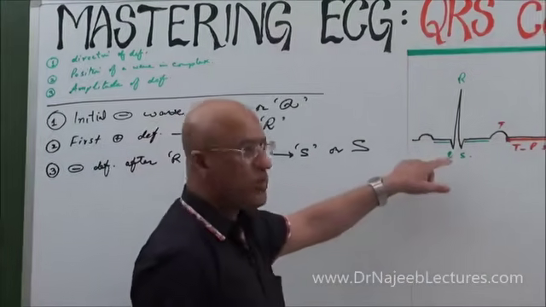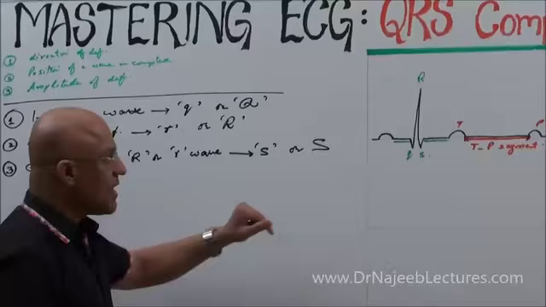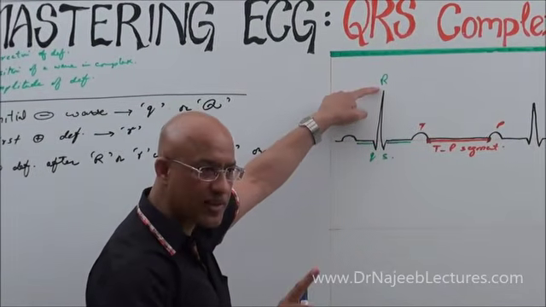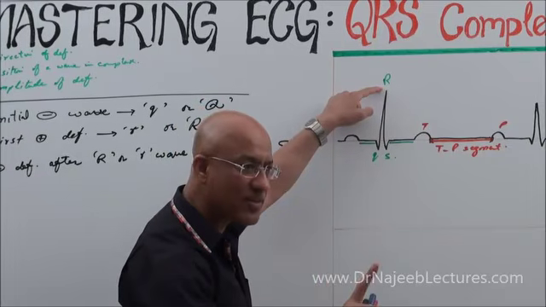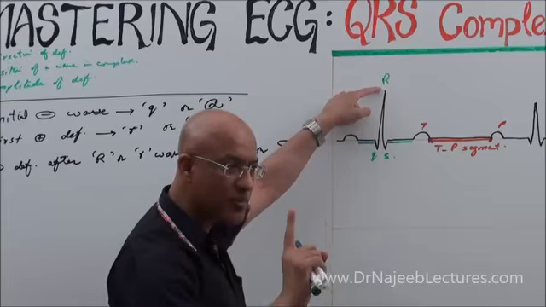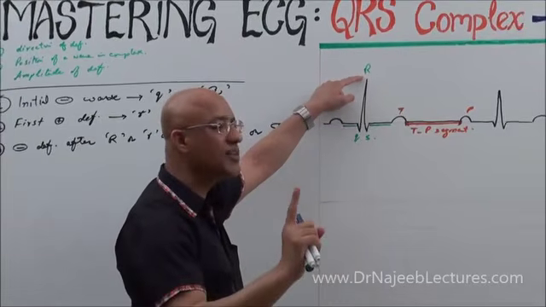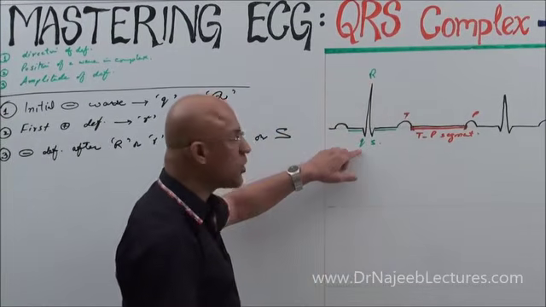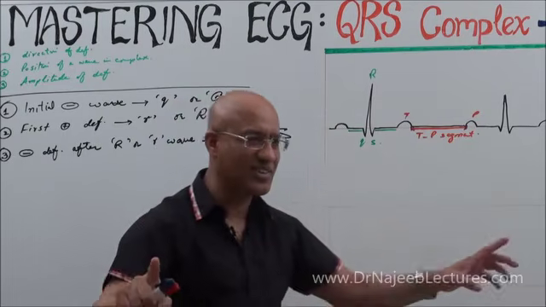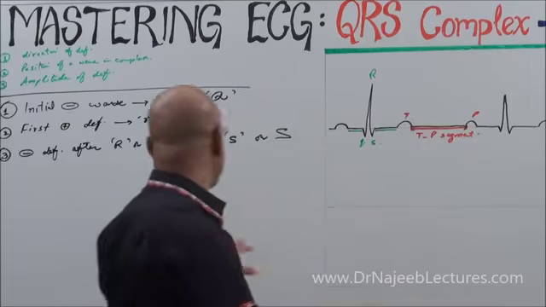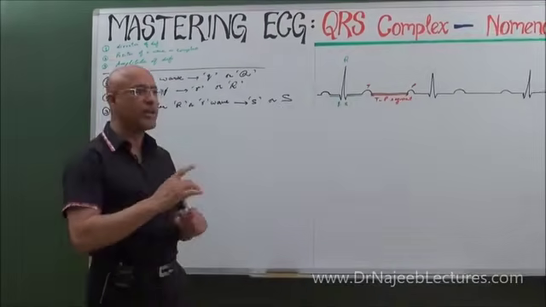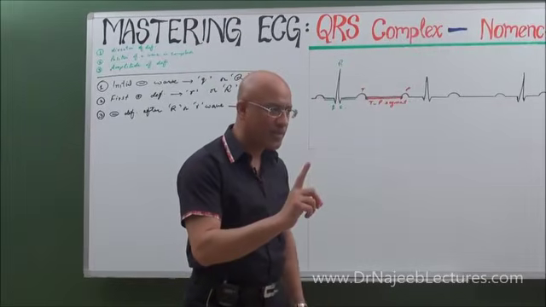Another way to say the same rule is that in the QRS complex, if you find an upward deflection, it should be labeled R. When you find the first positive deflection, it should be labeled as R wave, and any wave before the R is Q, and any wave just after the R is S. Another way to mention these three rules is that when you look at the QRS complex, first identify the R wave if it is there.